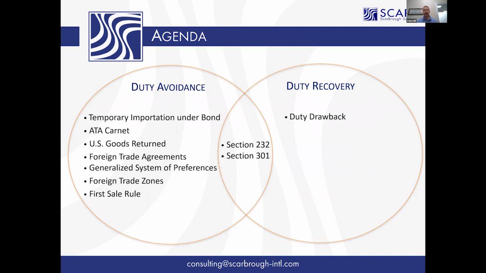Because free trade agreements are generally different, they generally fall within two camps. One, a tariff shift camp, where non-originating goods have to undergo a tariff shift from one code to another to be considered an originating component and hence qualify for the free trade agreement.